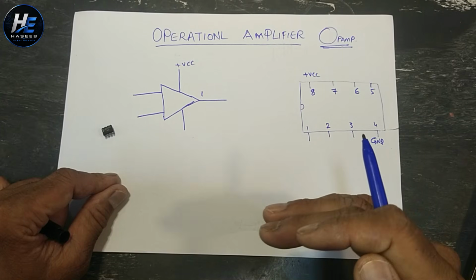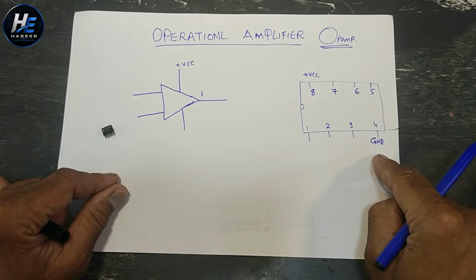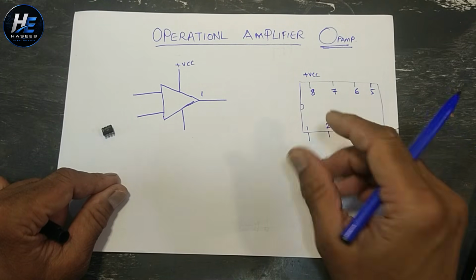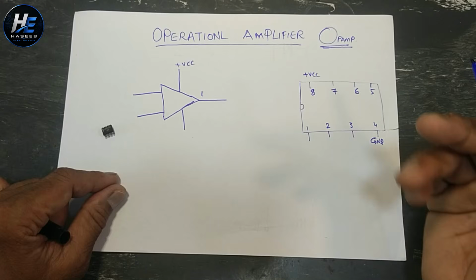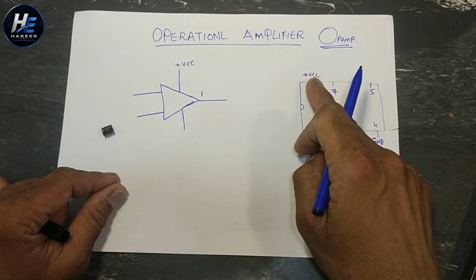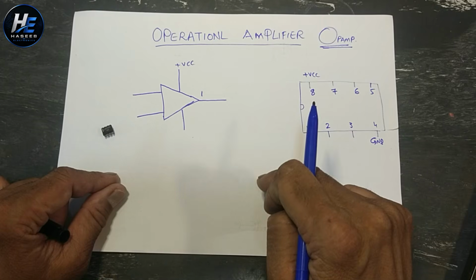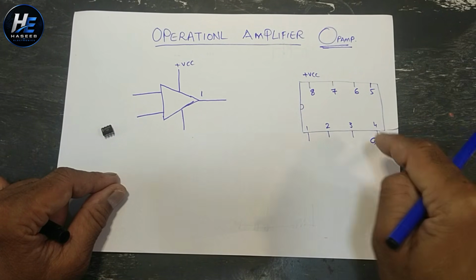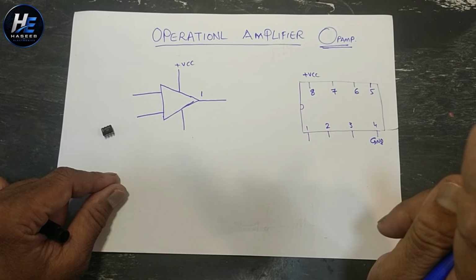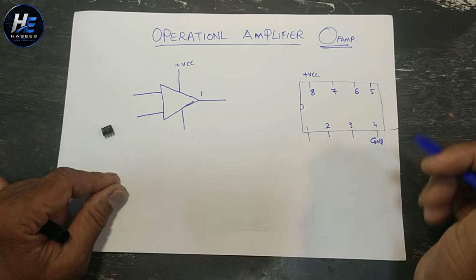If you are using splitted power supply, positive VCC here, negative VEE here. Let's suppose if I use just only 20 volts, ground here, positive here. If I want to use 2 power supplies, I want to swing signal in positive side and negative side, then positive 10 volt here, negative 10 volt here. Ground will not be connected, common point will not be connected to this IC.